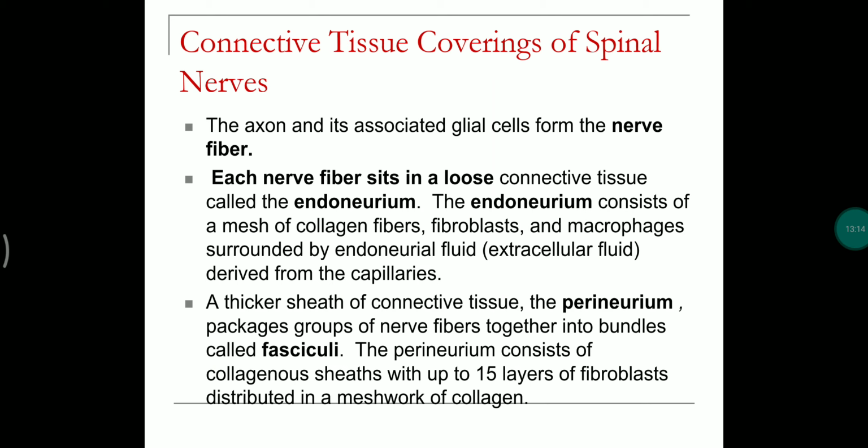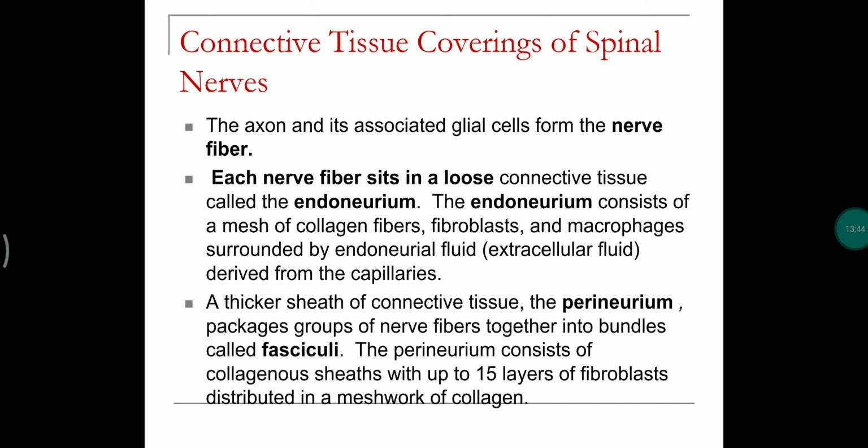And the second layer is a thick sheet of connective tissue called perineurium, which packages the group of nerve fibers. Endoneurium covers only individual nerve fibers, while a group of nerve fibers, like in muscle cells, where muscle bundles form a fasciculus.